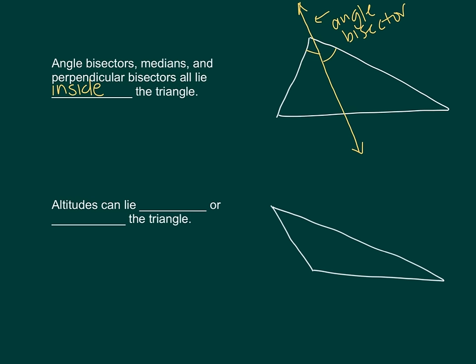If I were to look at my median, the median's going to come through here, but it's going to cut this congruent in half. So this guy right here is my median. And then the perpendicular bisector is going to go right through here and make this like this, and again, those are congruent. So in blue, we have the perpendicular bisector.